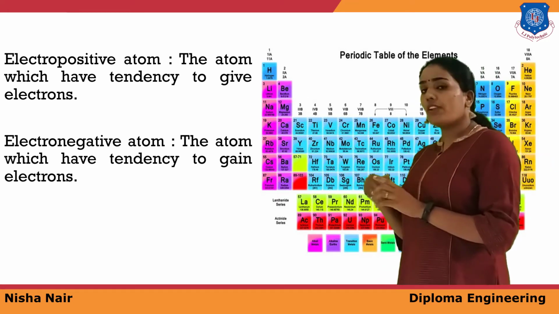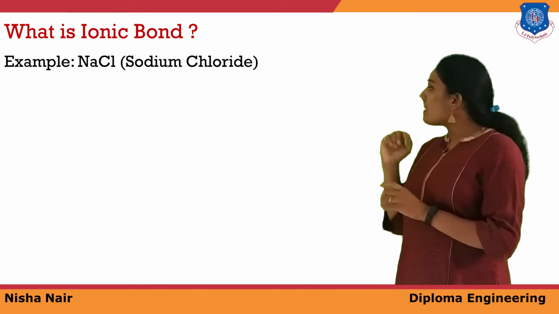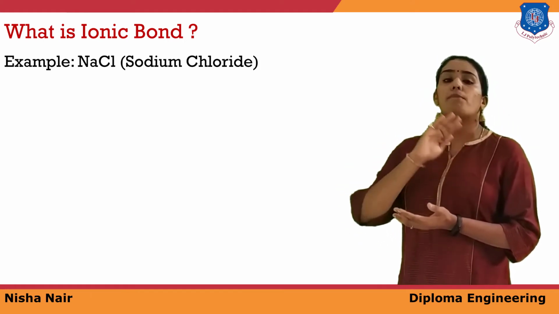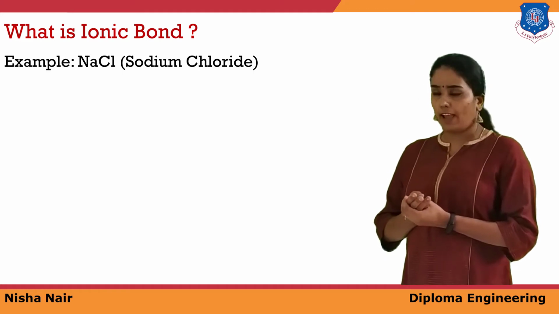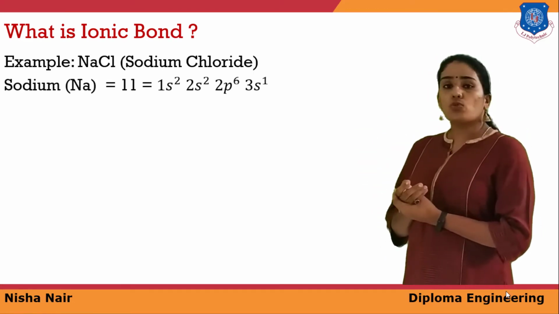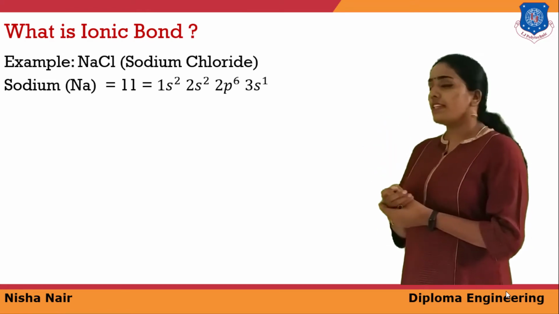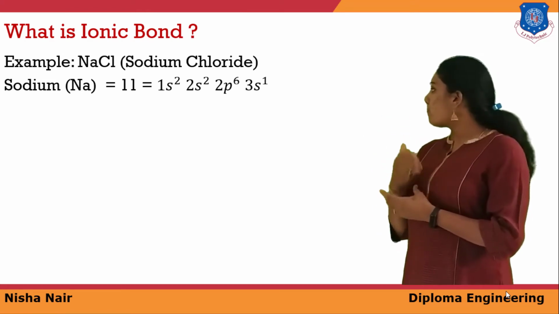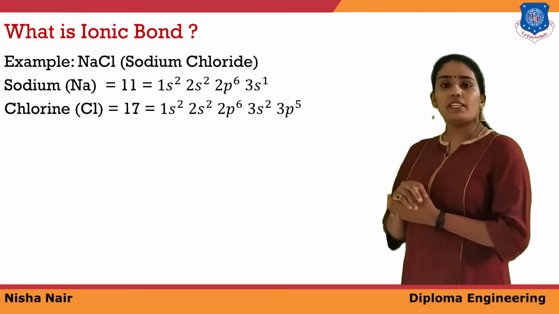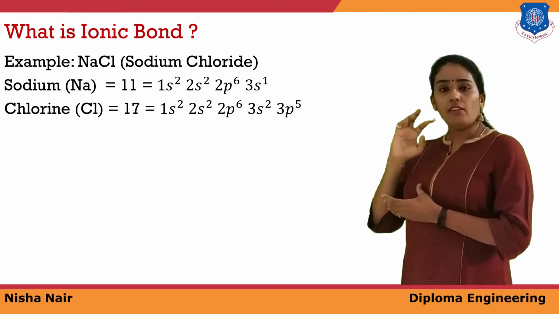So let me go to our example NaCl. As we know, ionic bond means transfer of electron takes place. One atom completely gives its electron to another atom. The electronic configuration of sodium is 1s2, 2s2, 2p6, 3s1, and the electronic configuration of chlorine is 1s2, 2s2, 2p6, 3s2, 3p5.